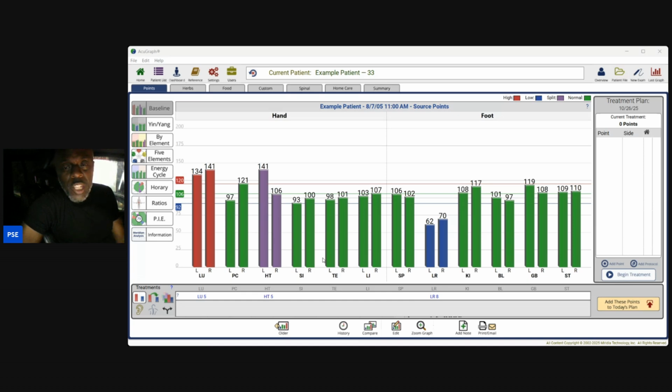So the spleen channel, most of our spleen channels are going to be whacked because we eat, say, crappy food. But this spleen channel, even though it falls within the reference frame, 1 to 6, 1 to 2, is still relatively high. So it could have issues with spleen deficiency, but so far it is okay.